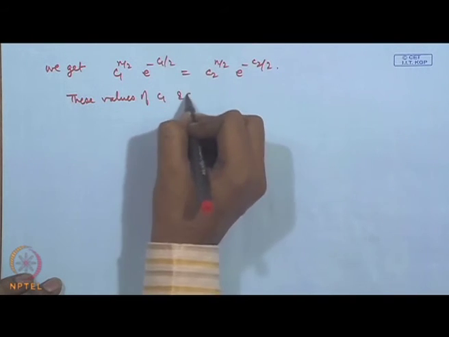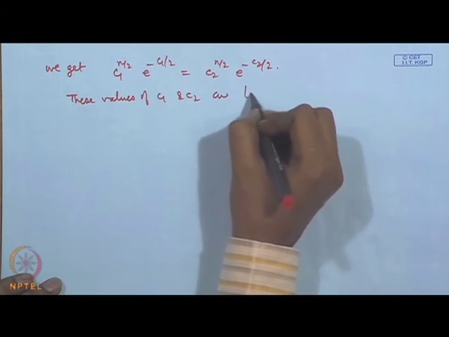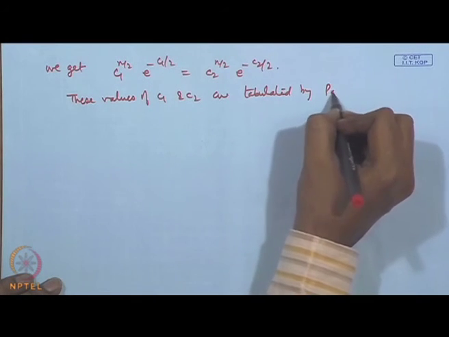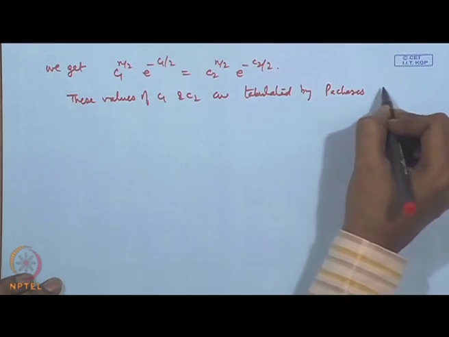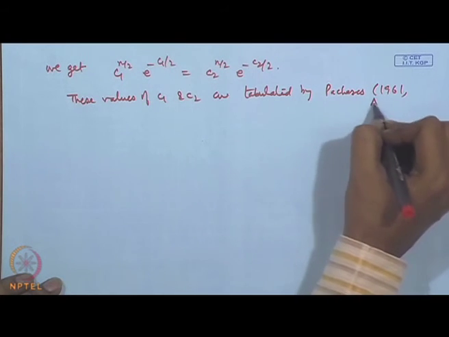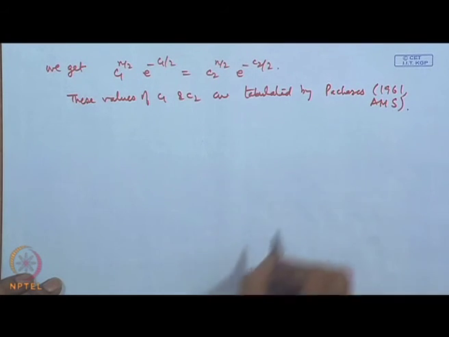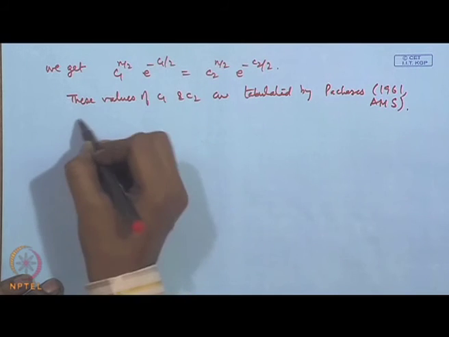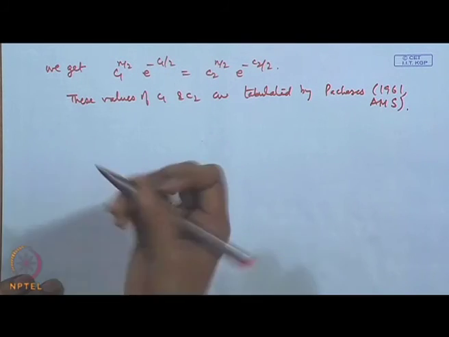These tables of C1 and C2 are tabulated by Pachares in 1961 in a paper in Annals of Mathematical Statistics. And another thing is that if n is large, then we can consider the two conditions to be exactly the same.